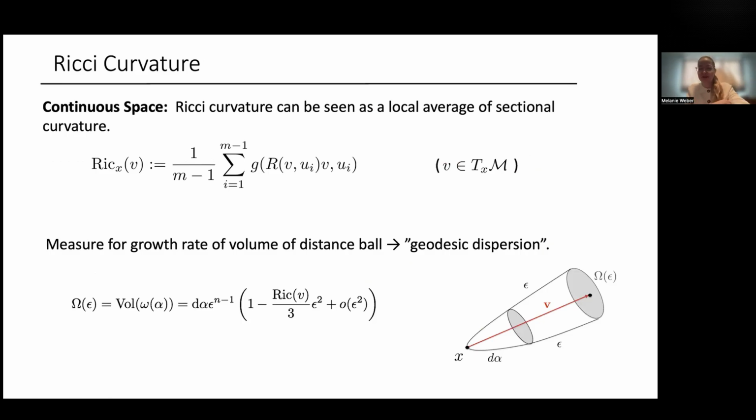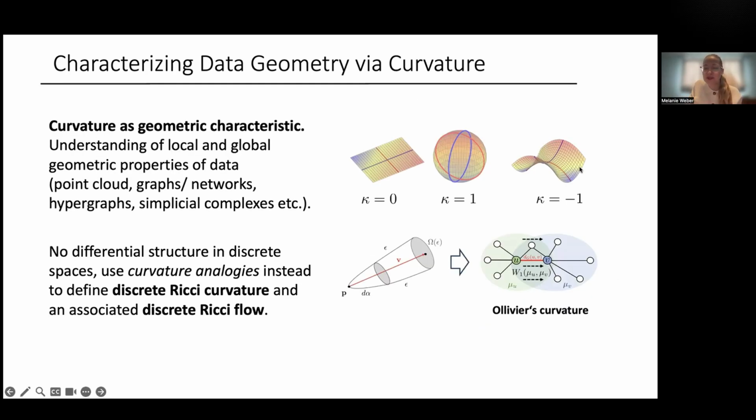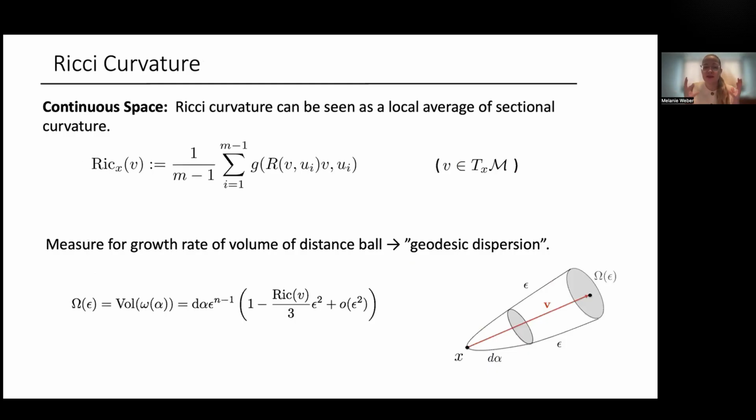Very briefly, I wanted to mention what Ricci curvature means. The curvature that we talked about in these simple examples is a more general notion. The most general way of defining curvature in the continuous setting is via the second fundamental form.